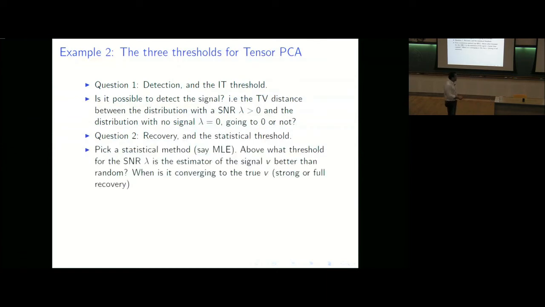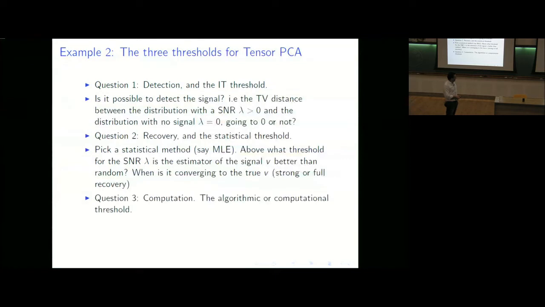Here I pick maximum likelihood estimation, which of course is very easy in a Gaussian context. But what's the threshold for lambda? Is this estimator better than random? Is it correlated with the true signal? When is it converging to the true V? This would be called partial recovery, and this would be called strong or full recovery, perfect estimation if you want.